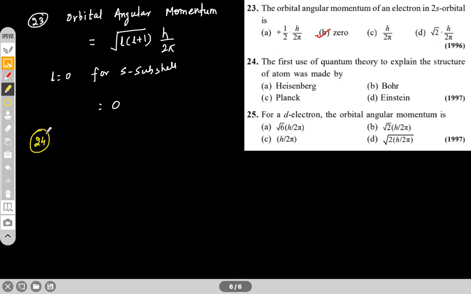Question number 24. The first use of quantum theory to explain the structure of atom was made by Planck, Bohr, Heisenberg, or Einstein. The answer is Bohr, right?